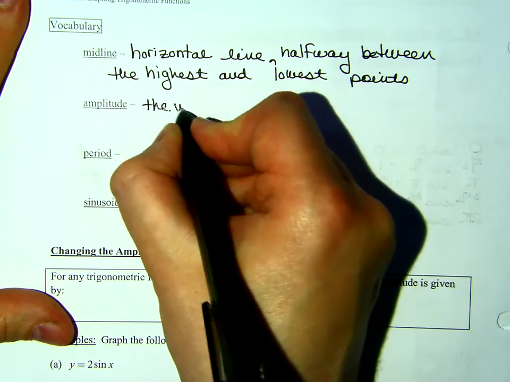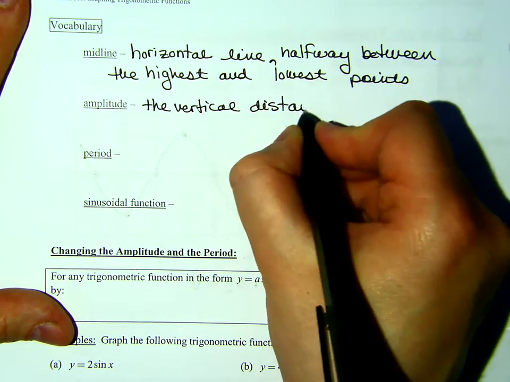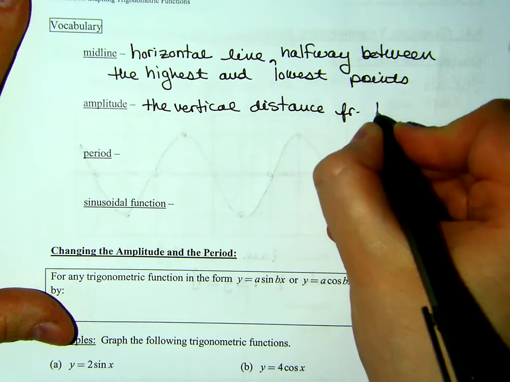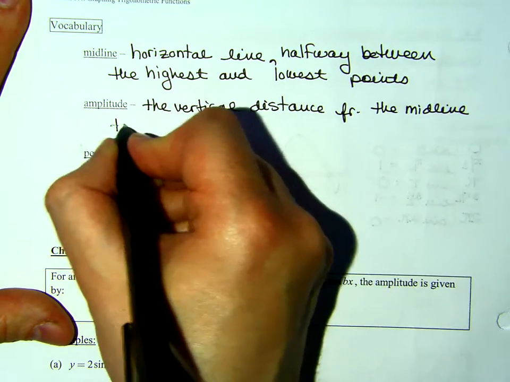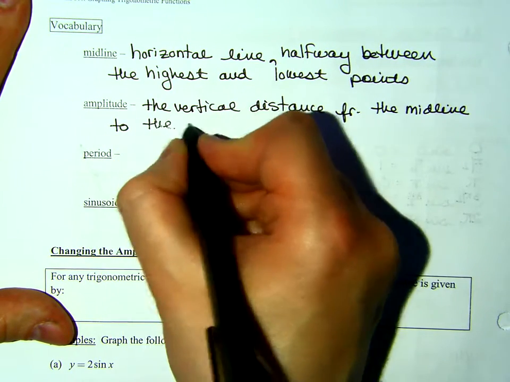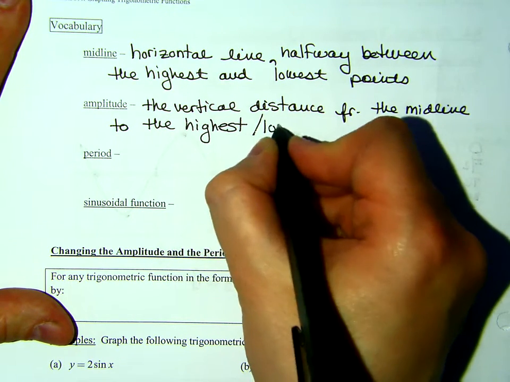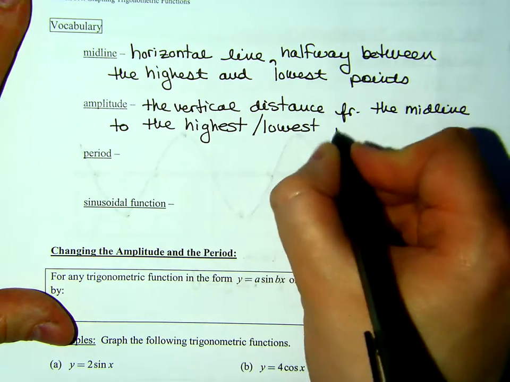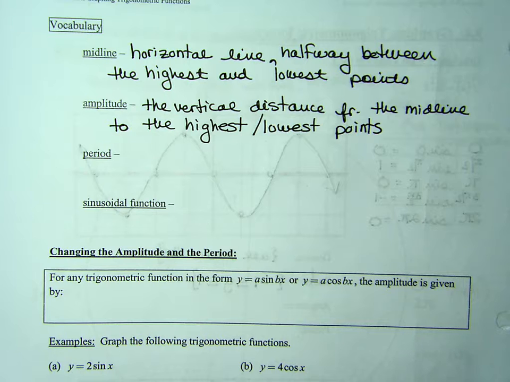The amplitude is the vertical distance from the midline to the highest or the lowest points on our graph.